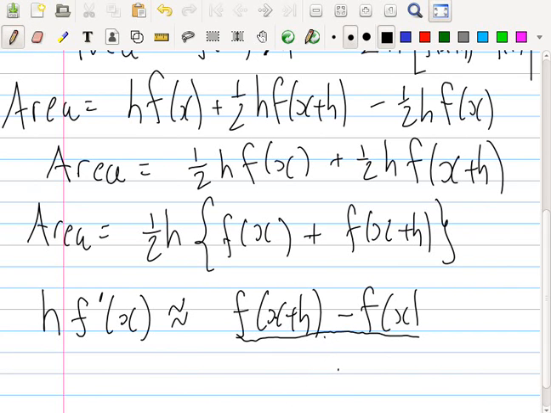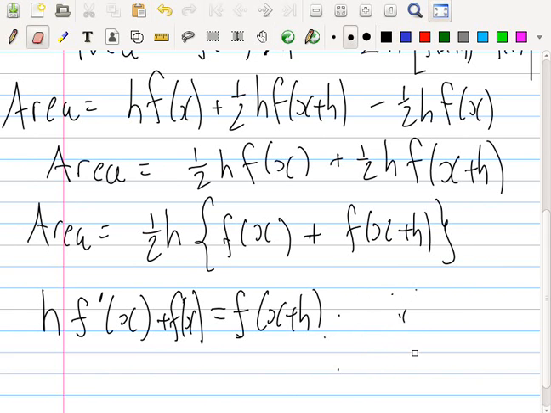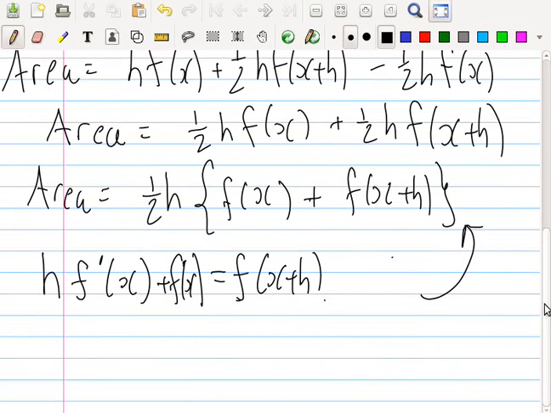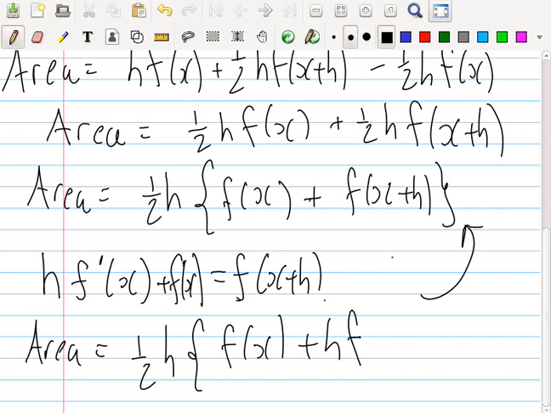And then I can bring the minus f of x to the left, make it plus f of x equals that. And then I'll put that in there. Okay, so I get area equals a half h times f of x plus h f derivative x plus f of x.